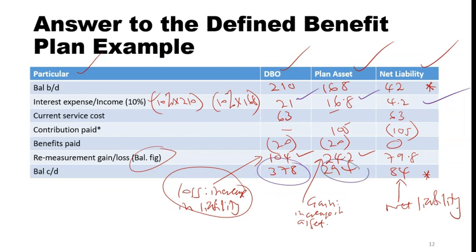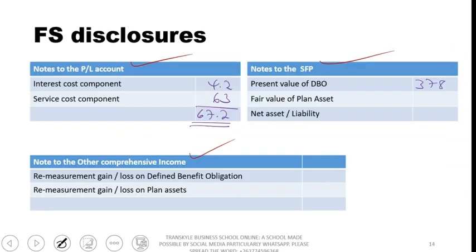Was 294. All right, so we replace these two figures and we get the difference, which is going to be the net asset or liability. In this case, we have a net liability because, as you can see, the defined benefit obligation is larger than the plan asset value, so we are in a net liability position.